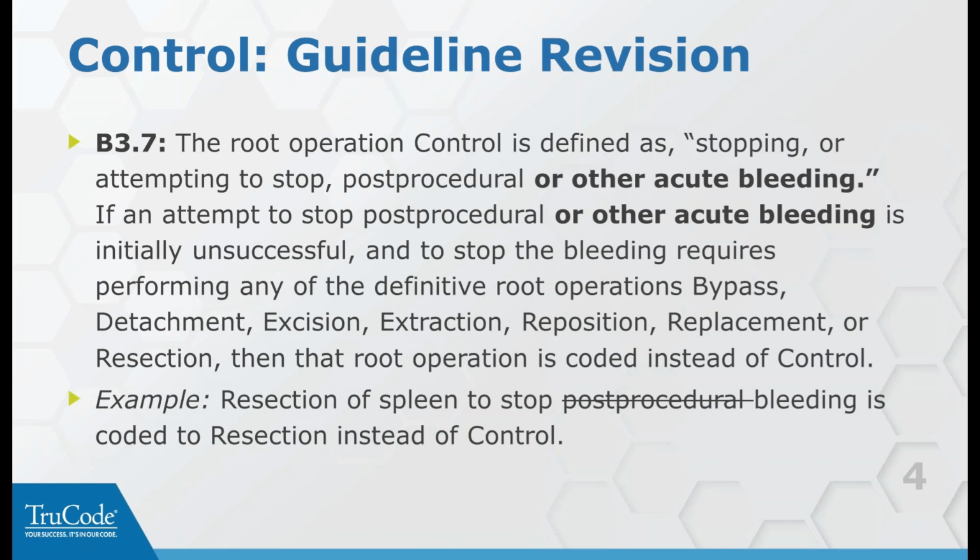So they have now expanded that root operation of control to be more than just post-procedural bleeding, but any type of acute bleeding that they're trying to control. And it goes on to say in the guideline that if an attempt to stop the post-procedural or other acute bleeding is initially unsuccessful, and they have to go and do another definitive procedure with one of the other root operations, then you would code it to one of those root operations rather than to the root operation for control.